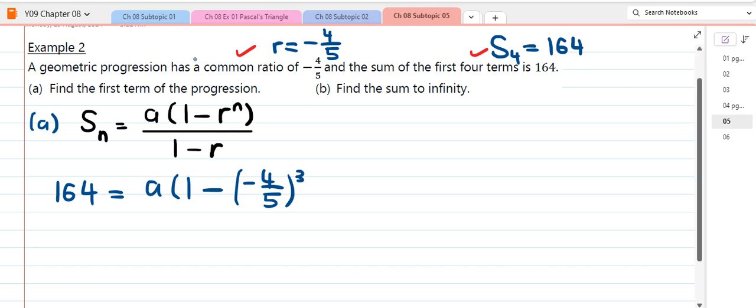So let's close the bracket over 1 minus negative 4 over 5. Let's have a check here.